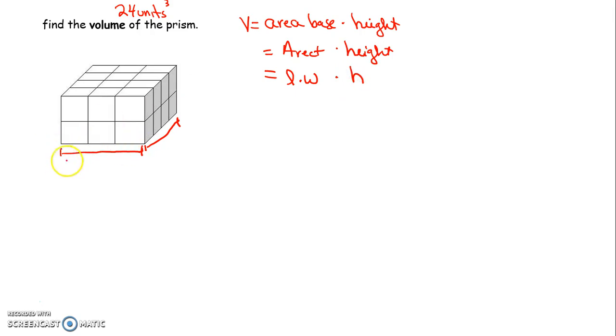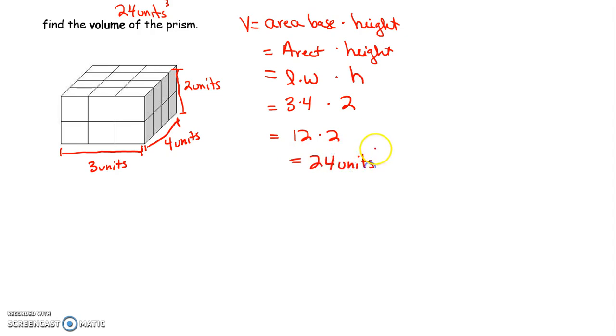Okay, so let's see, this is 3 units by 1, 2, 3, 4 units. So for the area of the base rectangle, the area of the base would be 3 times 4. Then you'll have to just multiply that by the height of the figure. Again, this figure is only 2 units high. 3 times 4 is 12, times 2 is 24 units cubed, which makes sense. That's how many cubes it was when we went ahead and counted it up.